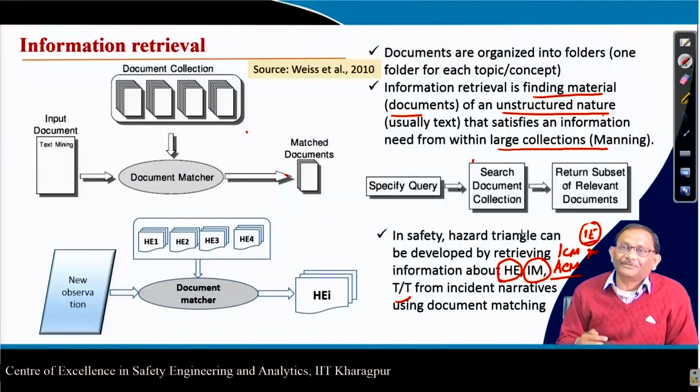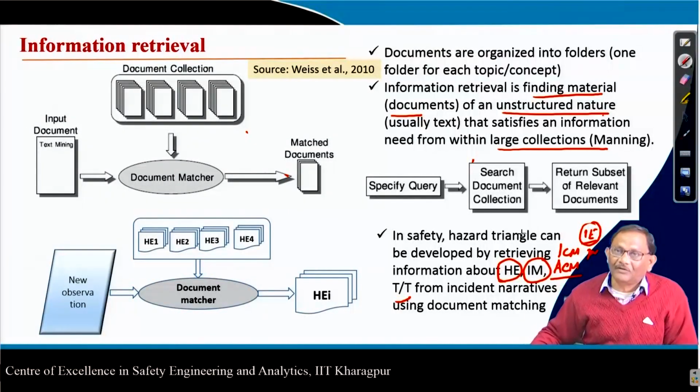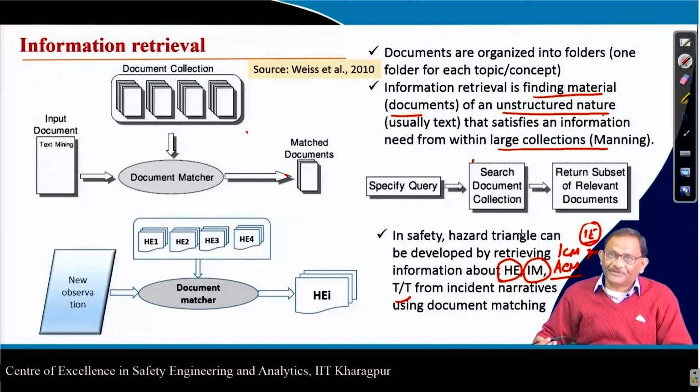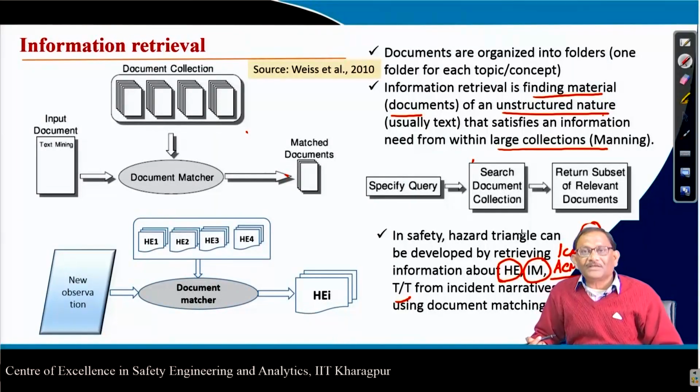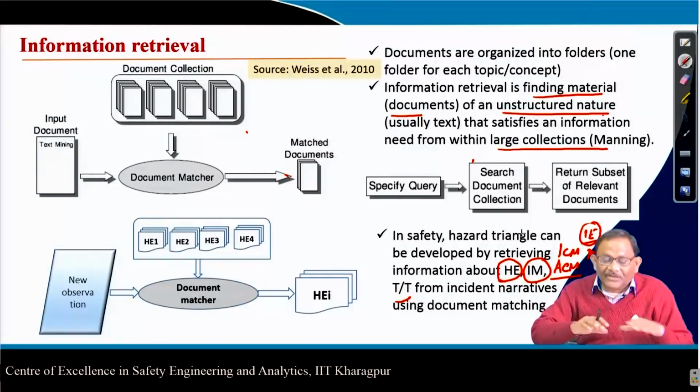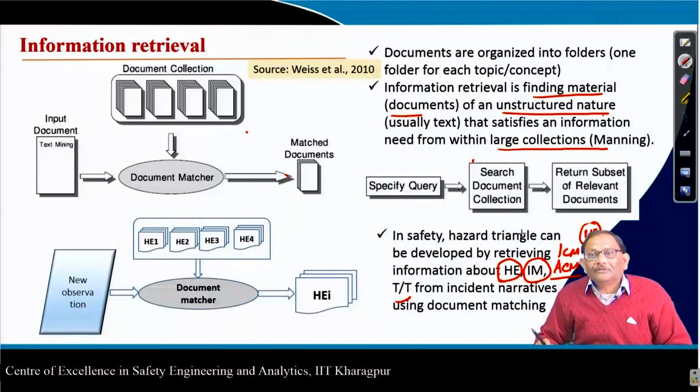It may not be possible that the hazard triangle is formed in one step. There may be some repetitive steps: one for the hazardous element, another for the accident causing mechanism, and a third for the target and threat. Then finally, after seeing all the documents, you will be able to find out what the hazard triangle is.